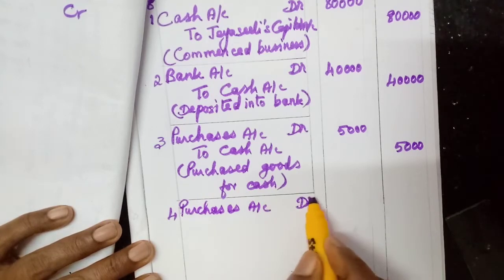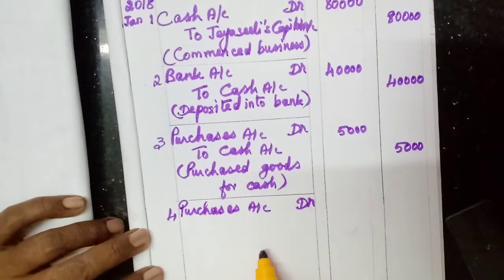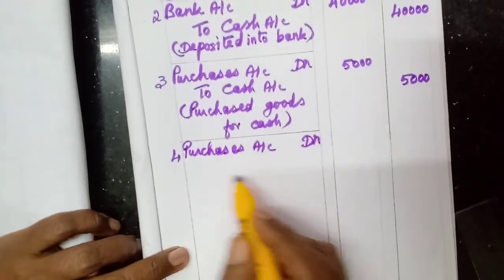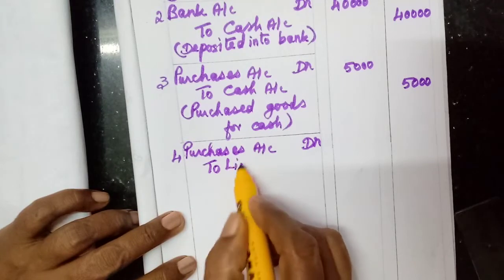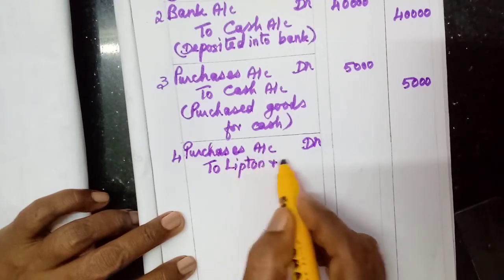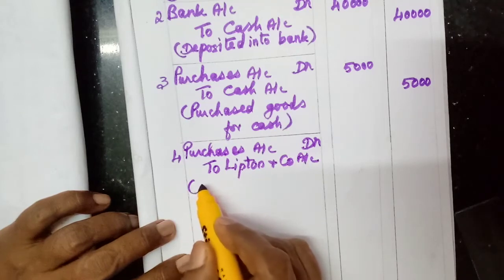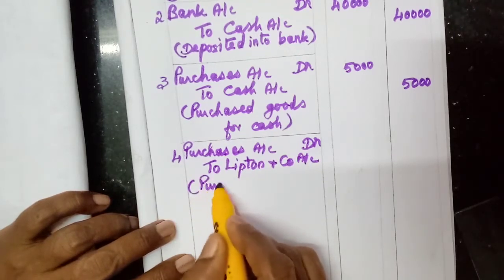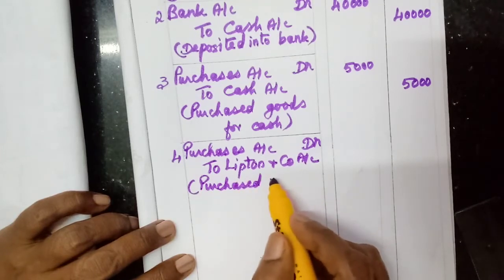Purchases account debtor. Yesterday what I have explained only I am explaining today also. Isn't it, students? So you will understand very well. Purchases account debtor to Lipton and Co. account. Okay. Then purchased from Lipton and Co. Purchased goods from or purchased from also. It's not wrong. Okay.